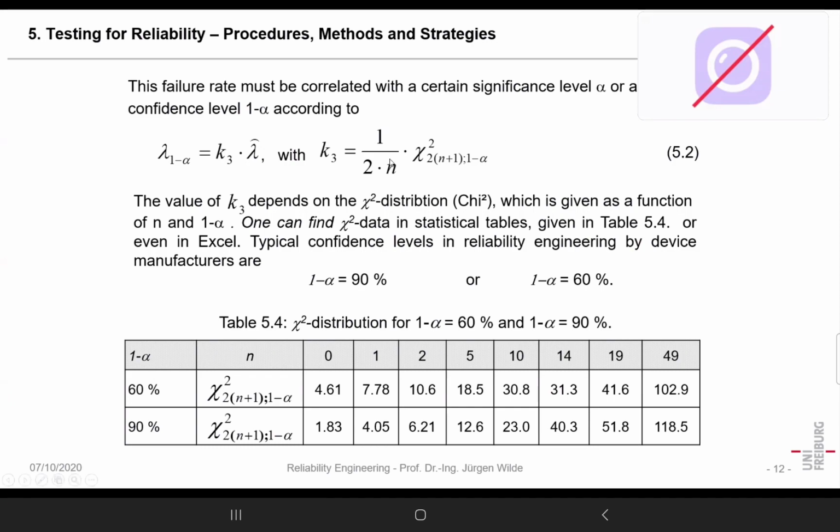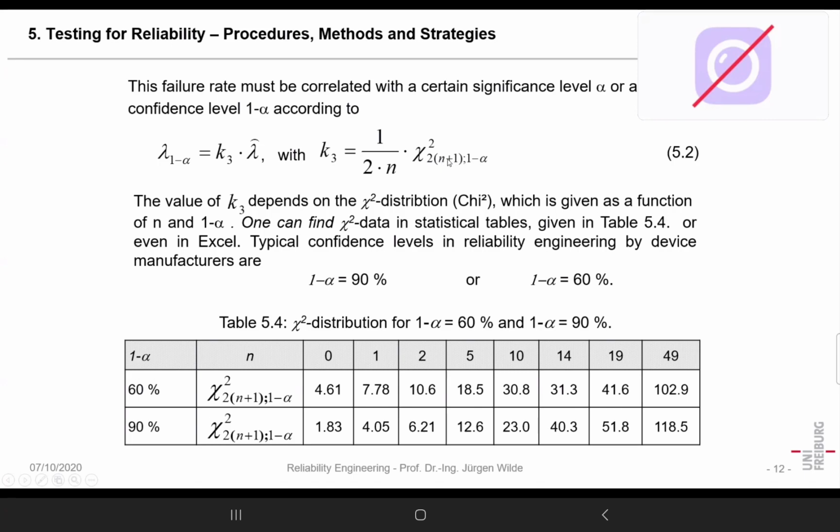So let's take that value here. K3 is 1 divided by 2n. N is the failure number. And then we have the chi-square, that's a 2-parametric distribution function, of 2n plus 1.